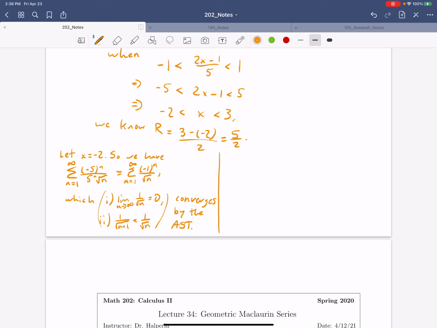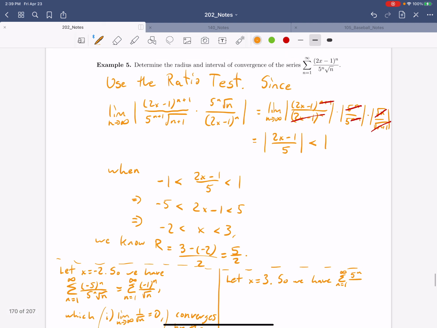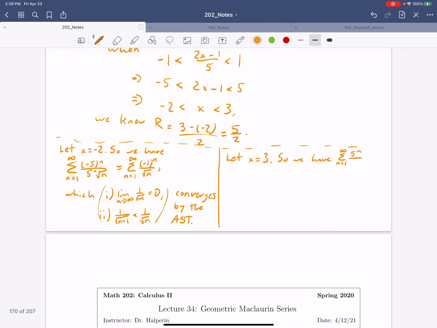Okay, next up. Now we're going to let x equal 3. So what do we have this time? Sum from 1 to infinity of 6 minus 1 to the n, 5 to the n over 5 to the n root n.